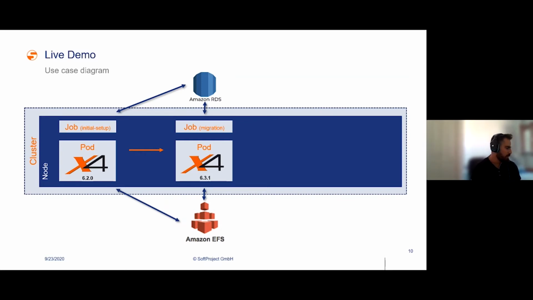At this point, we have a fully operative, migrated, updated environment with the brand new 6.3 version in our Kubernetes cluster. With this 6.3, we will have all the config files updated, all the projects updated, and all the data model updated.